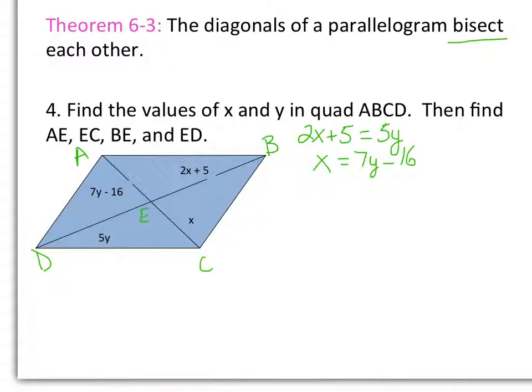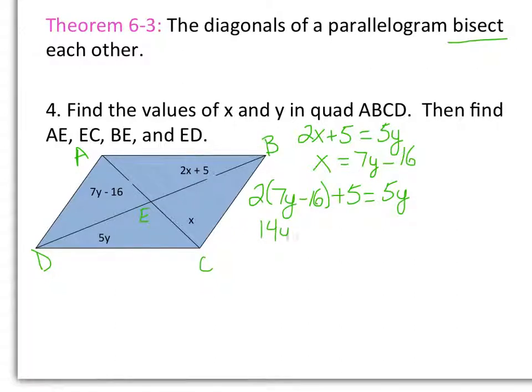So I'm going to take what x is from my second equation and substitute it in for x in my first equation. Alright, so instead of writing 2x plus 5, I will take 2 times 7y minus 16, then plus 5 equals 5y. Now I have an equation that just contains y, and we can go ahead and solve this.